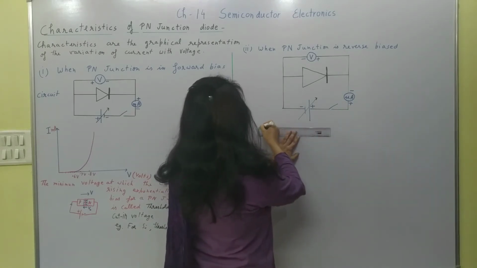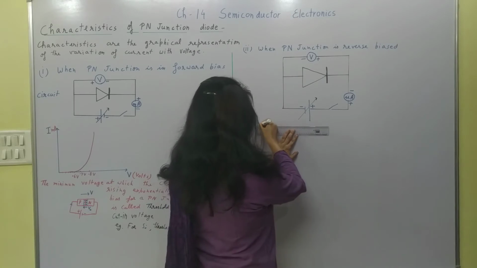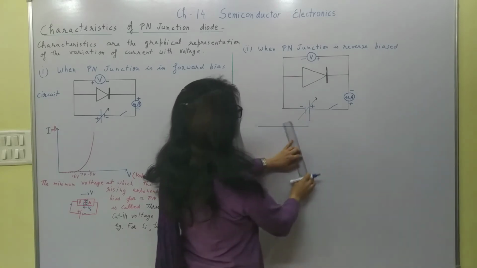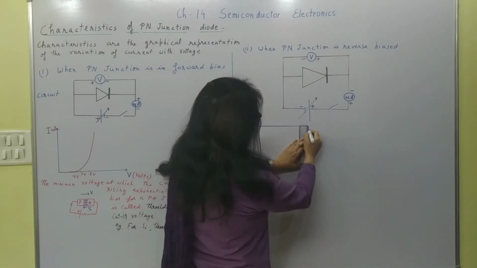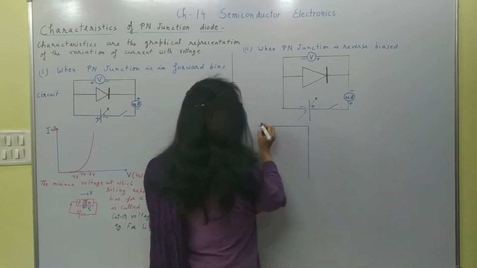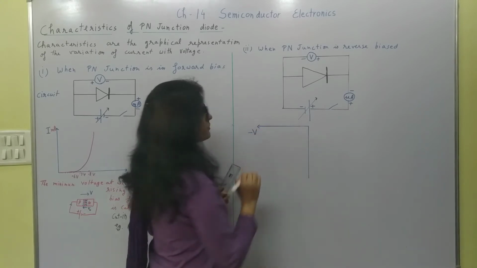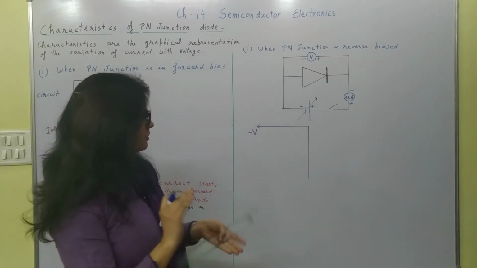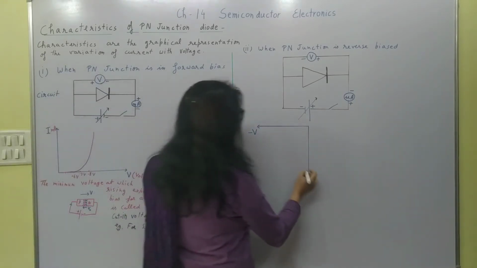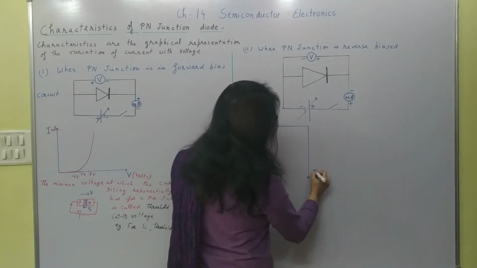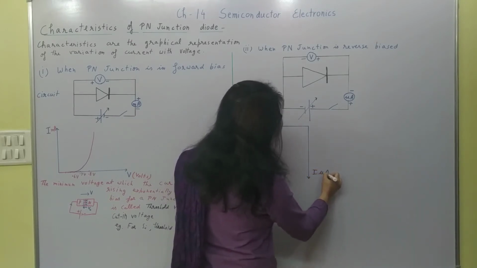flows. First I am drawing separately for reverse bias, and then after I will combine the reverse and forward bias graph. So voltage I am taking on the x-axis only, so here I can say that this is minus volt. So this is reversed, the polarity is reversed. Here the current is in microamperes.